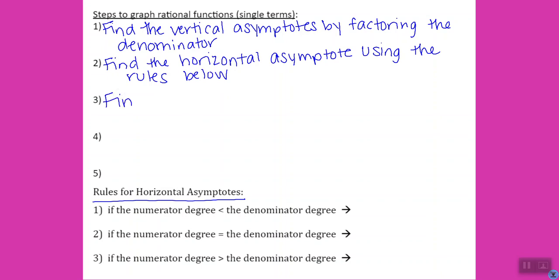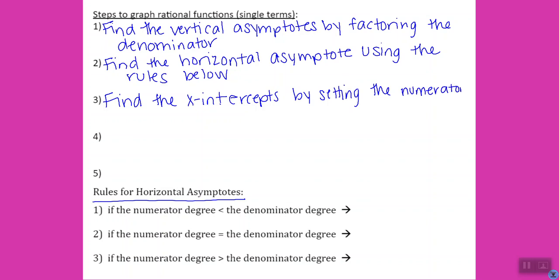Then we're going to find the x-intercepts by setting the numerator equal to 0 and solving.